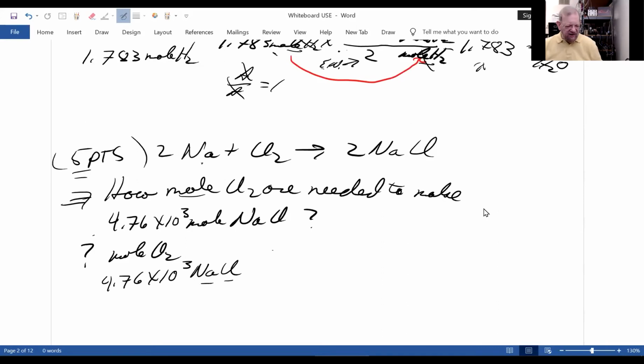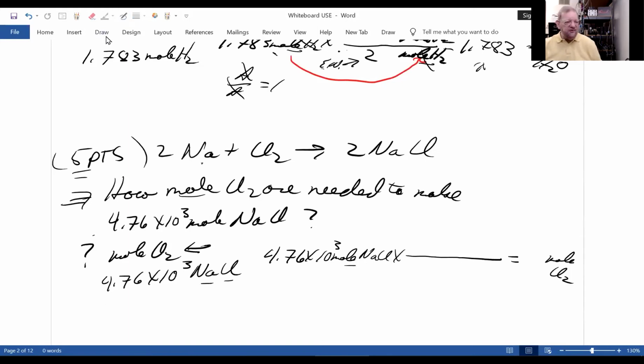But anyways, now, how do you proceed? Use your good buddy, your good friend, unit analysis. This is the only number I have to work with. If I had a ratio that I could convert this to my answer, what units do I want my answer in? Well, the answer to that is moles of chlorine.